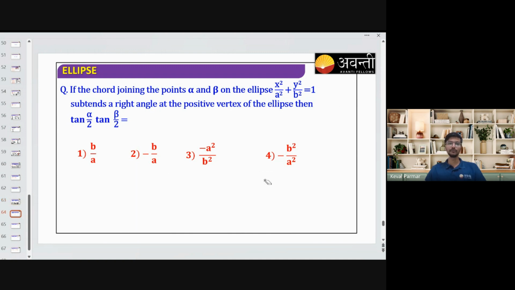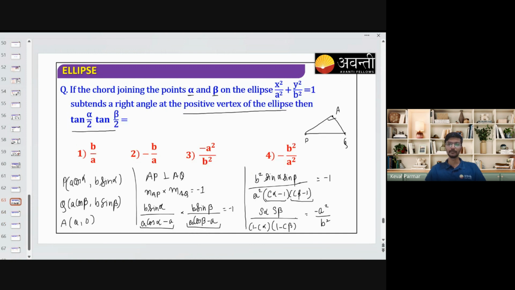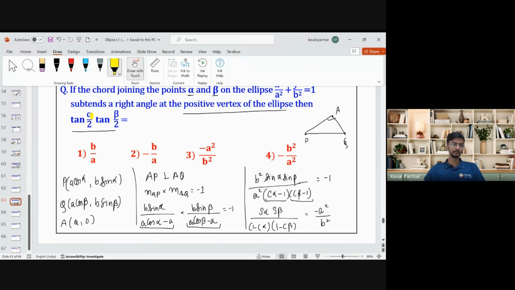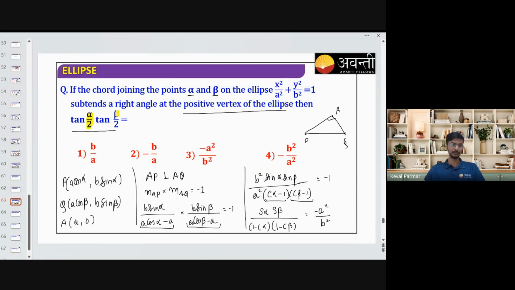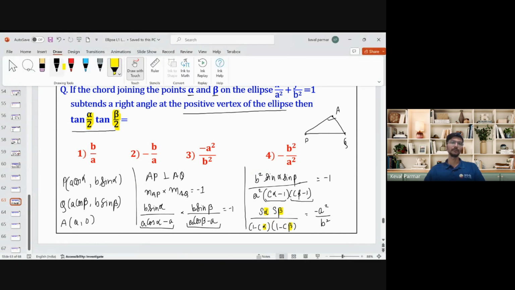Now it's time to use trigonometry. I want half angles, alpha by 2 and beta by 2, but I have alpha and beta. So I need to use the half angle formula.